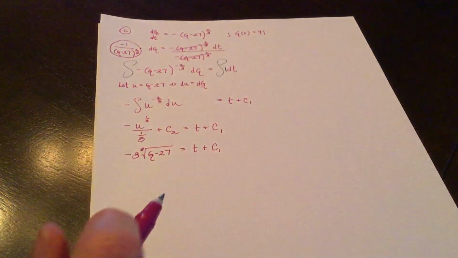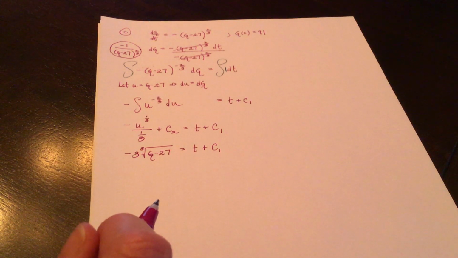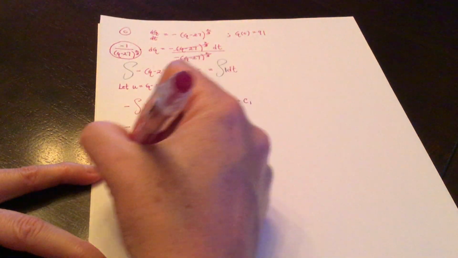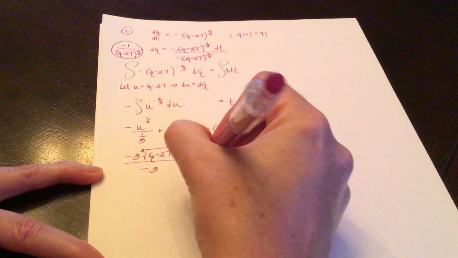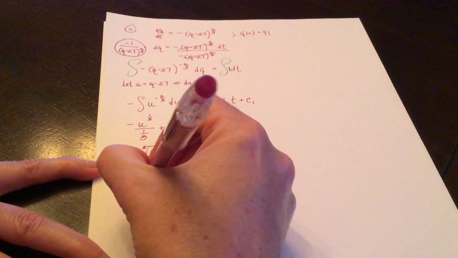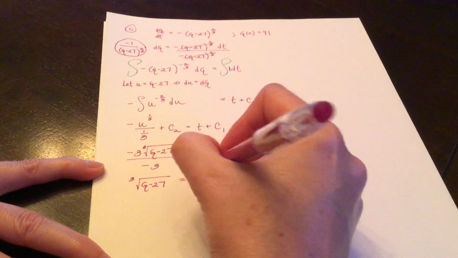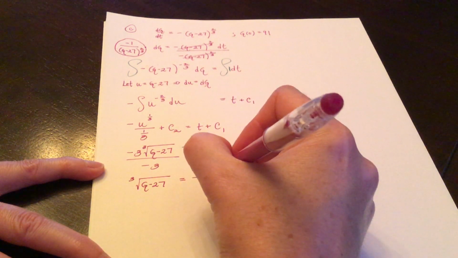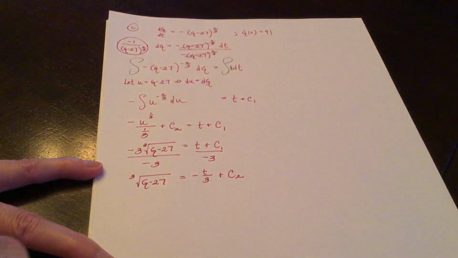Okay, now they said that I need to get a function for g of t, so the next thing you'll see me try to do is isolate g. So I'm going to divide both sides by -3. On the left side, I now have the cube root of g minus 27. On the right side, I would write it as -t/3 plus a constant divided by -3, I would just call that a new constant.